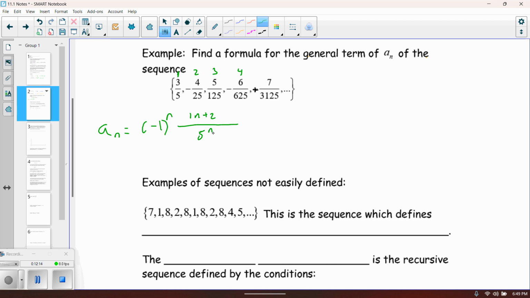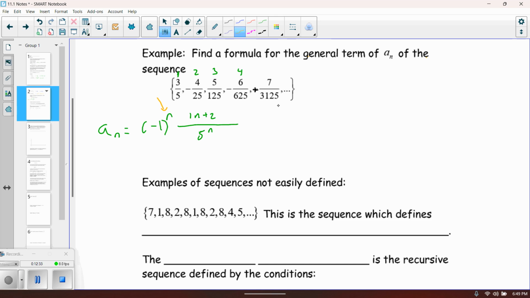The only thing I have to go back and check now is, did that -1 part work? Well, if I let n equal 1, and I plug 1 into here, I'm going to get -1 raised to the first power, which is negative. But my first term here is positive. So this is not exactly the right exponent.